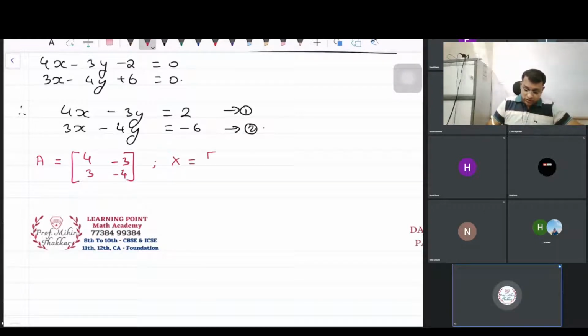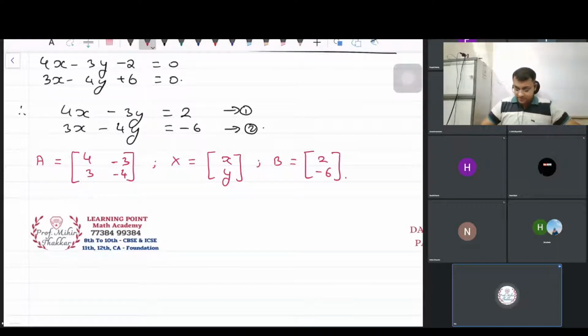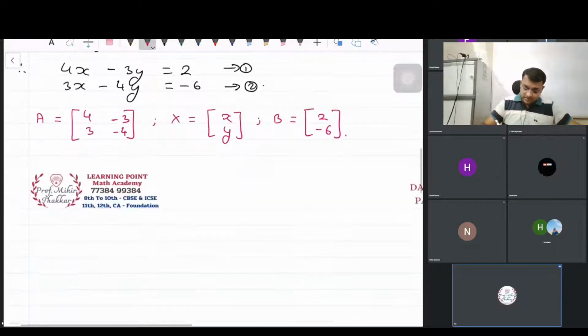X, I had told you it has to be a vertical matrix. I explained you the reason why you have to take it like this. B is 2 and negative 6. If you don't remember, you can just once again refer to that lecture. I'll send you the link for that once again if you want.